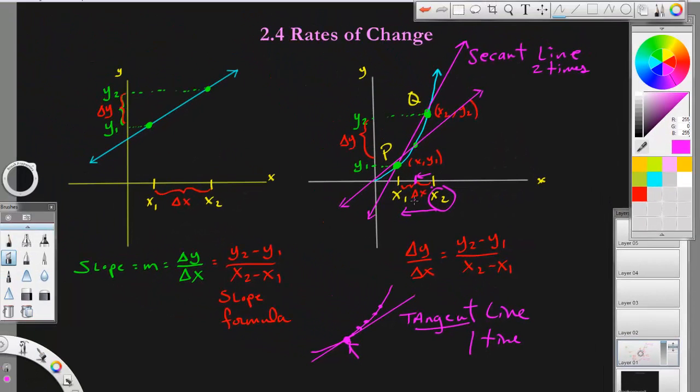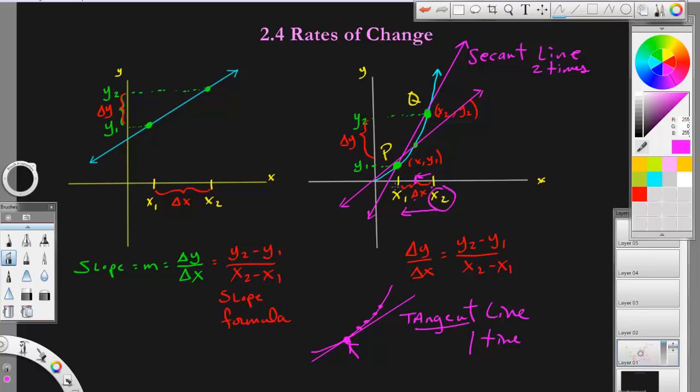And that is called taking a limit. And when you do that, you, my friends, are taking a derivative. So when x2 gets infinitely close to x1, that's called taking a derivative or finding an instantaneous rate of change.